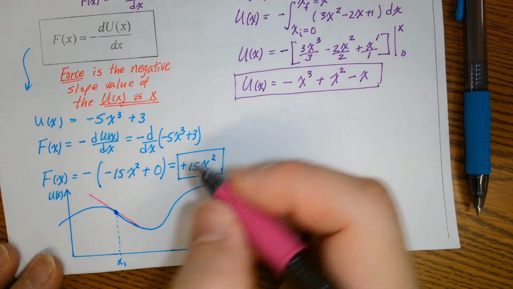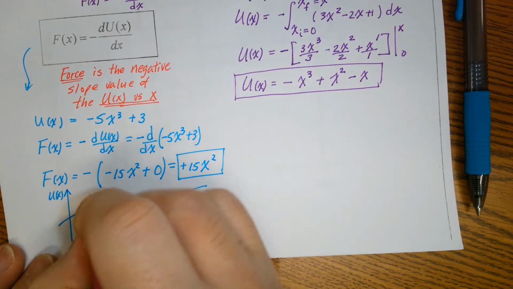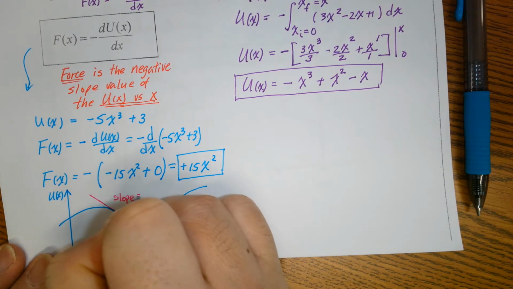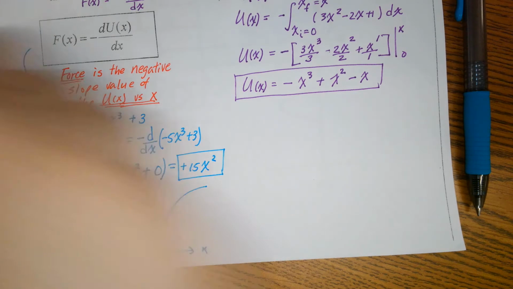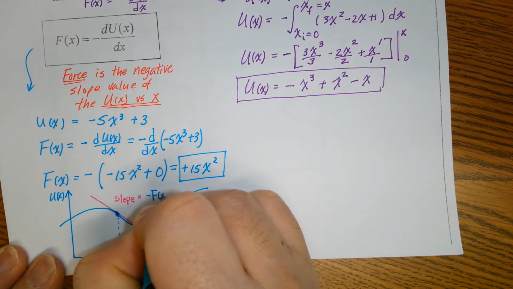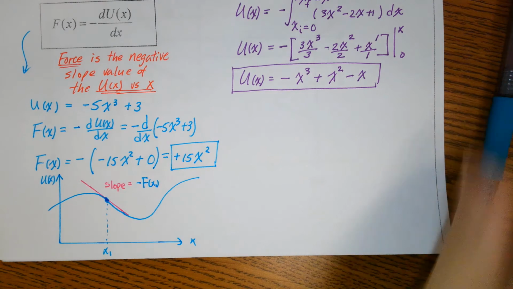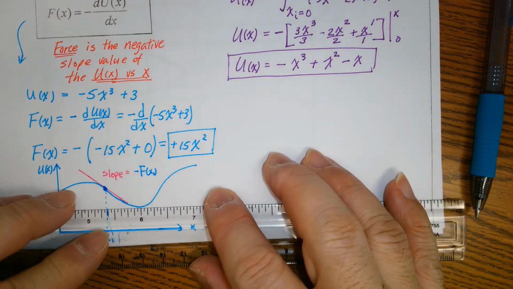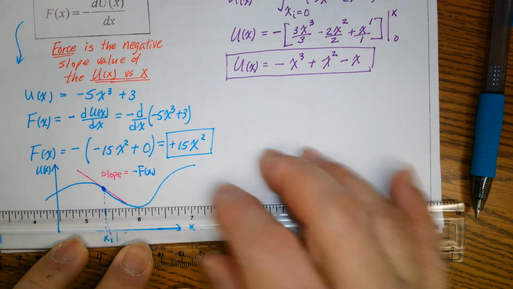Okay, and if the slope value here is 0, then your force will be 0.